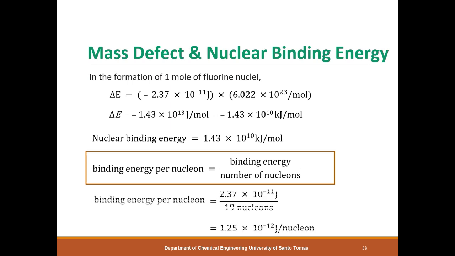So for the fluorine-19 that we are working on, the nuclear binding energy per nucleon is given by 2.37 times 10 to the minus 11 joule divided by 19 nucleons, or 1.25 times 10 to the negative 12 joules per nucleon.